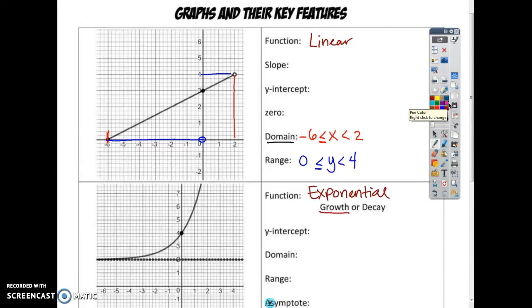Same thing like a quadratic. What does the word zero mean? It's the x-intercept, right? It's the roots, the zeros. So that's at -6. And it only has 1 because it's linear. It's not quadratic. Quadratics usually have 2. It could have 1 or it could have none.